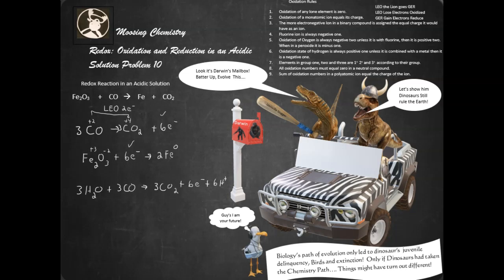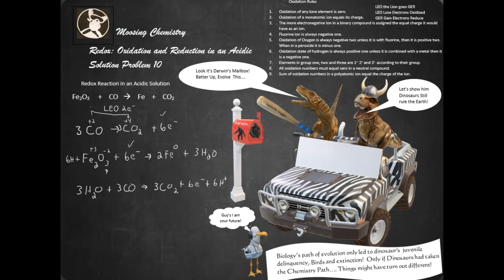So let's look at Fe2O3 plus 6 electrons. Notice that we have 3 oxygens here. That means we need 3 H2O over here, right? So we're going to need 6 hydrogens right here to balance everything out. Now what we need to do is get rid of things that are common on both sides.